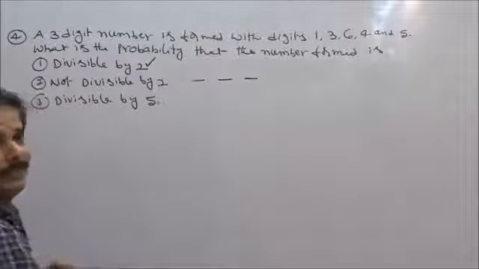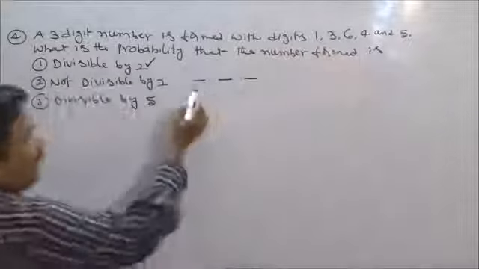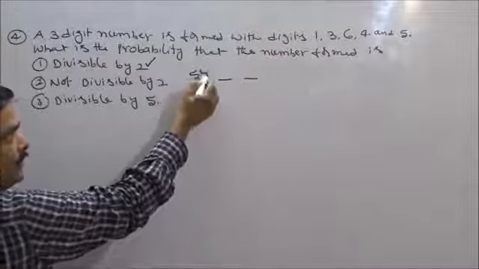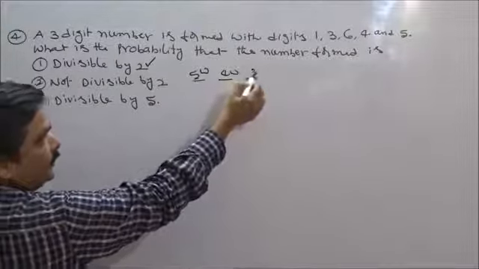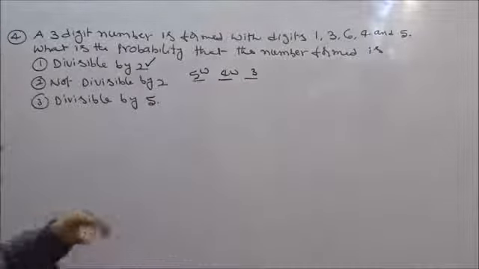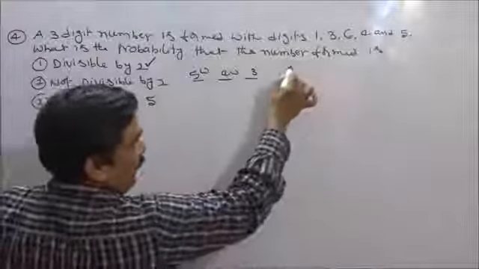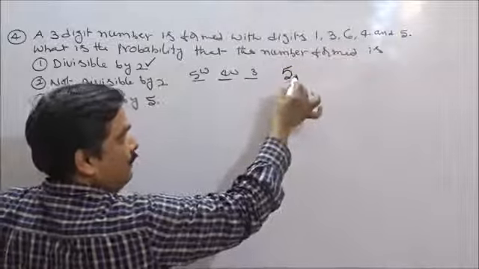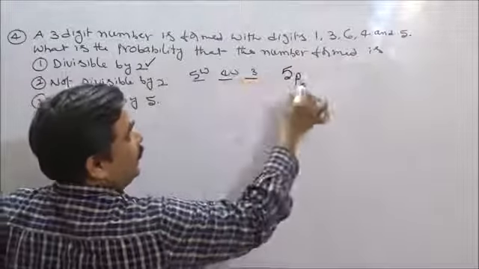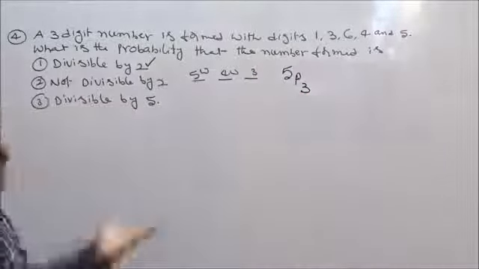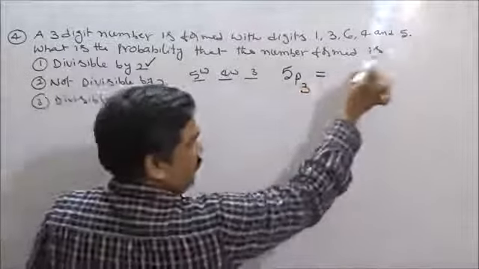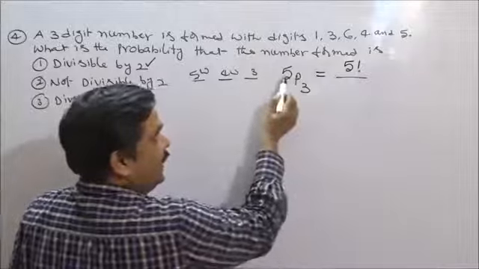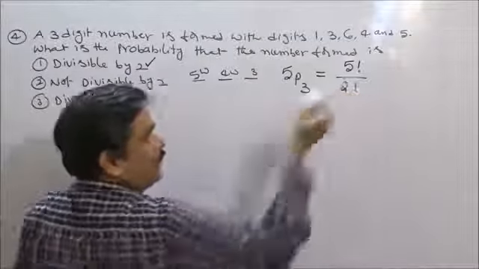For 3 places, from these 5 digits, any one is filled in the first place. How many ways? 5 ways. Then 4 ways. Then 3 ways. Or you can directly use the formula 5P3, permutation of 5 taking 3 at a time, that is n factorial divided by (n minus r) factorial, 5 factorial divided by 2 factorial.